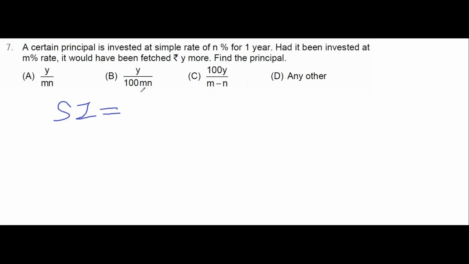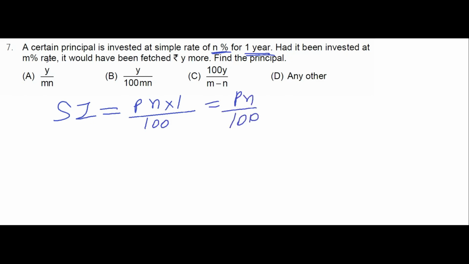P is the principal, I will consider it as P only. R is n%, and T is 1. So this I can write as Pn upon 100.